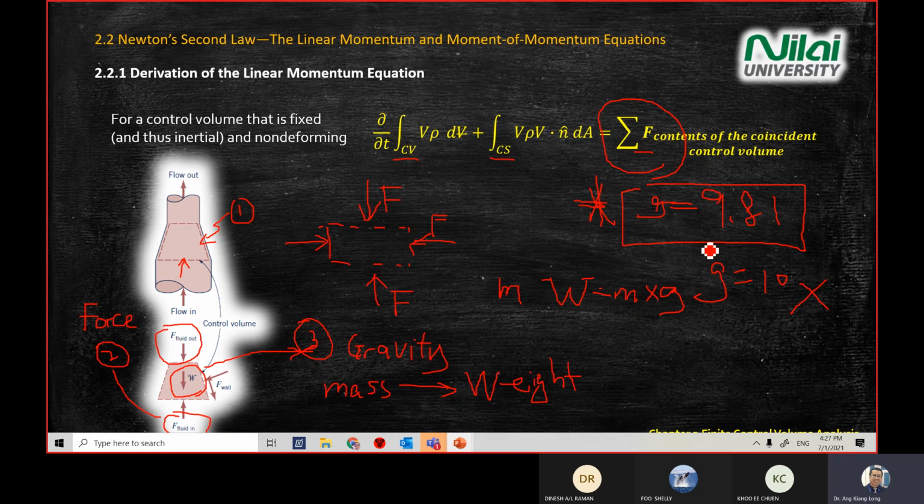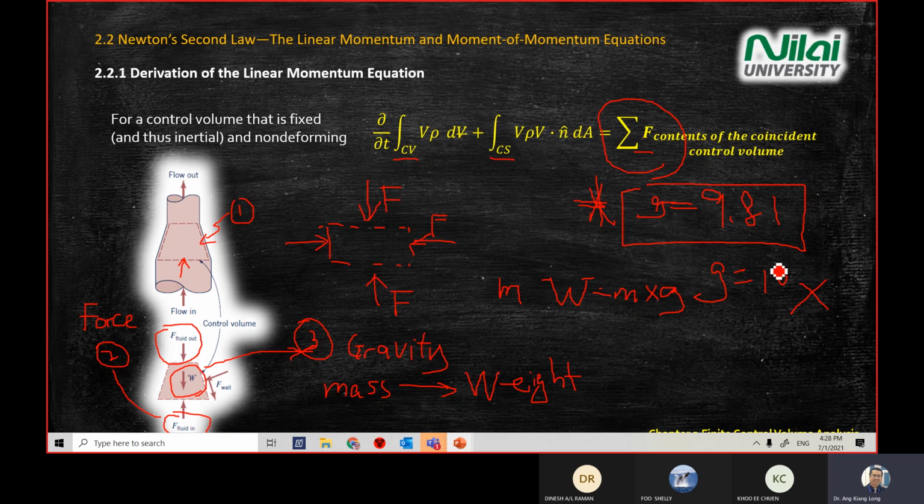Now, for some of the tutorials that we will discuss throughout the module, sometimes we will simplify the case just to show you the concept of how we apply the equation. Sometimes you will see g equal to 10.